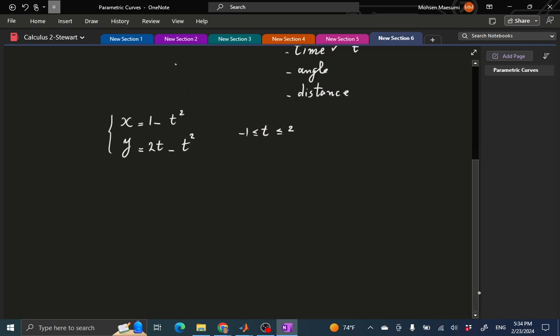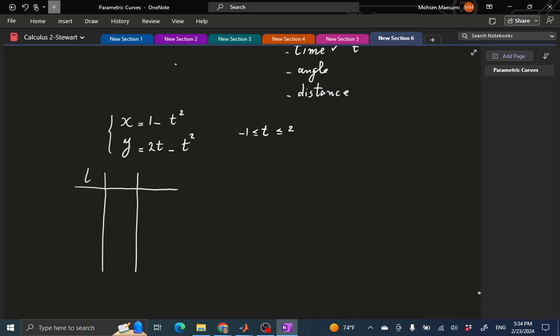How are we going to approach this problem? The best way to approach this is to go back to the graphing topic that we had in Calculus 1, and in this case make a table with 3 columns in it.